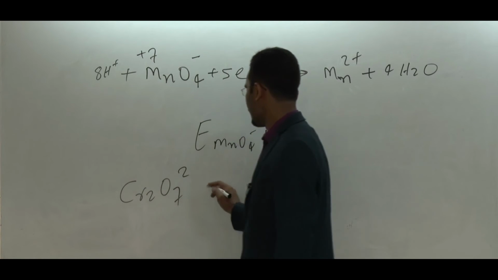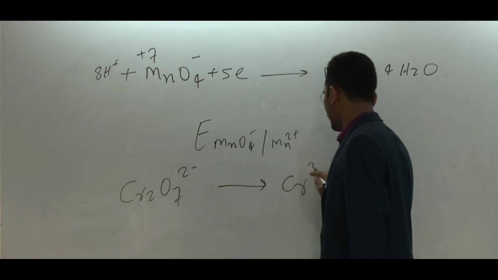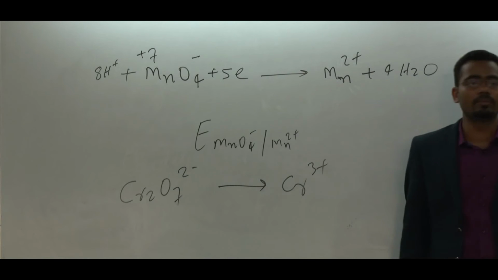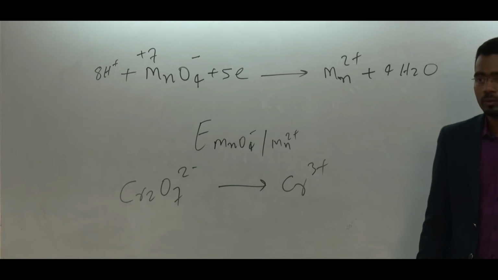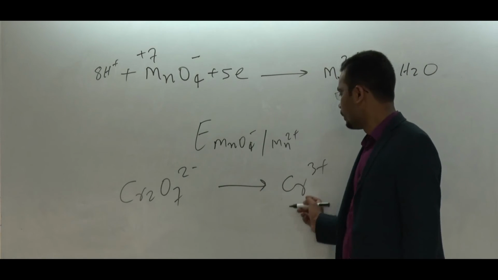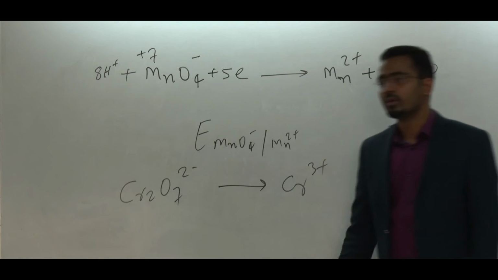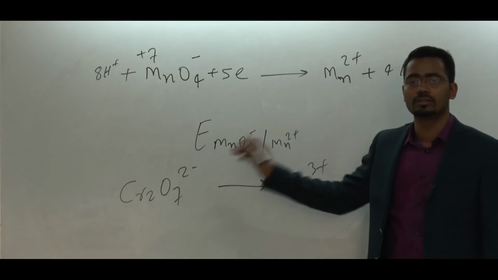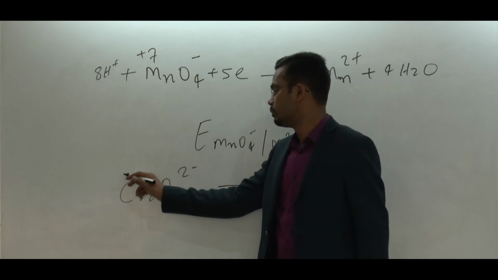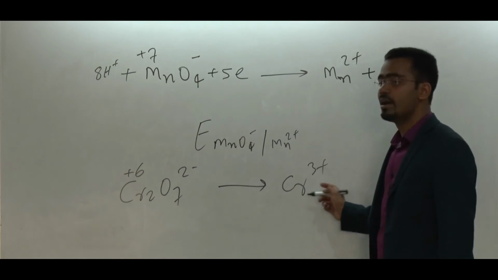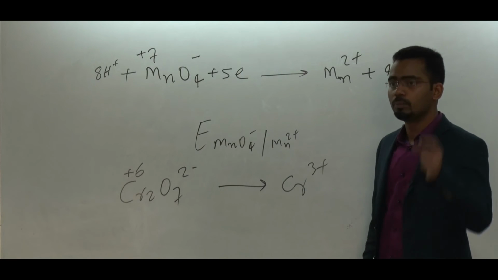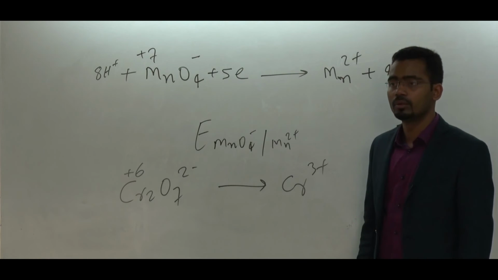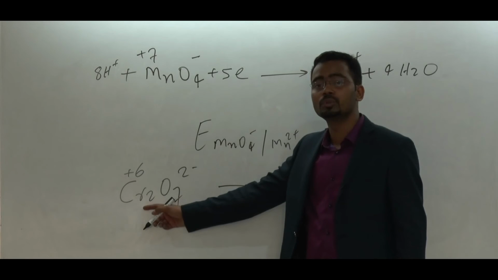For this, Cr2O7 2- undergoing to Cr3+. First of all, identify which atom is going to change the oxidation state. Here there is no change in oxygen, so no need to check oxygen. Chromium has +6 and here chromium has +3. So from +6 to +3, how many electrons are required? 3 electrons. But it has not only one atom, it has 2 atoms.